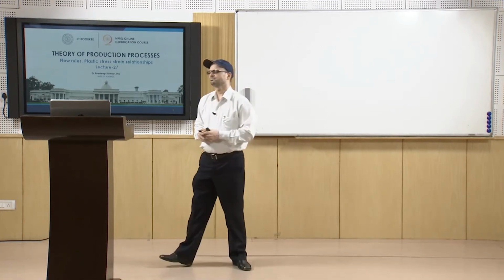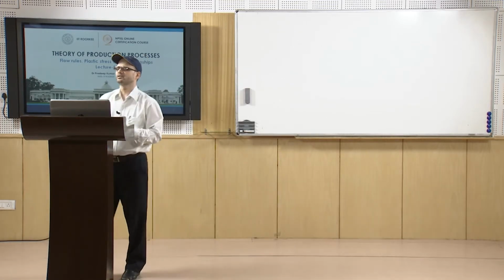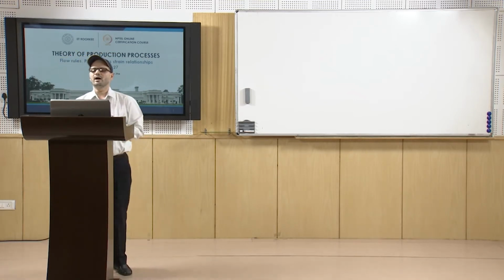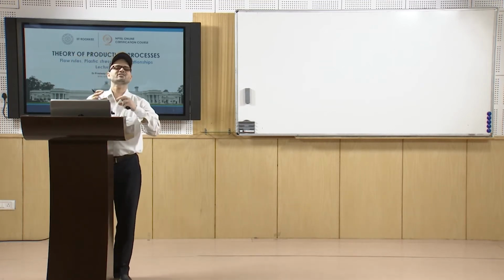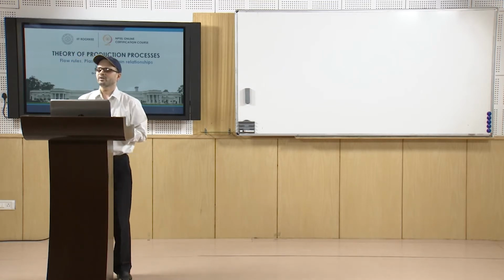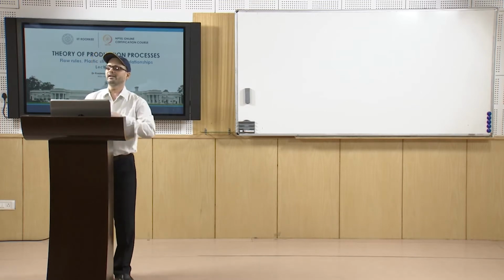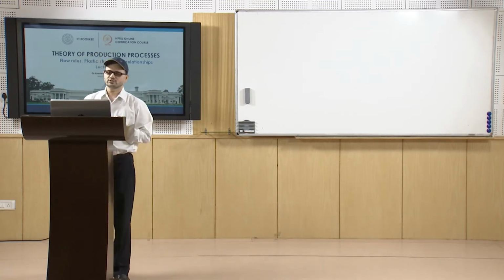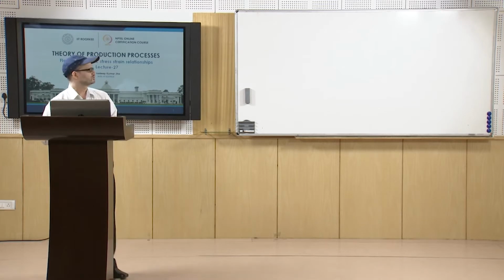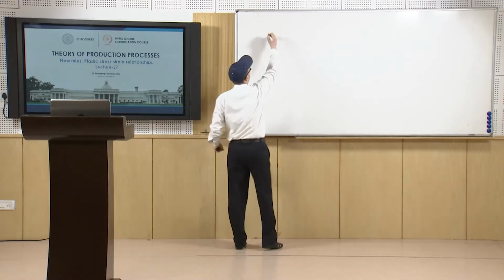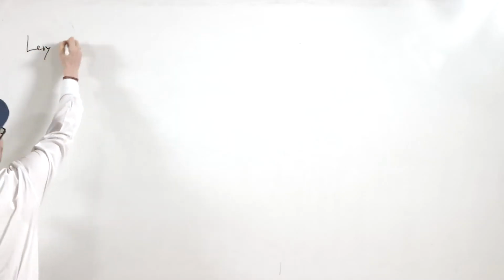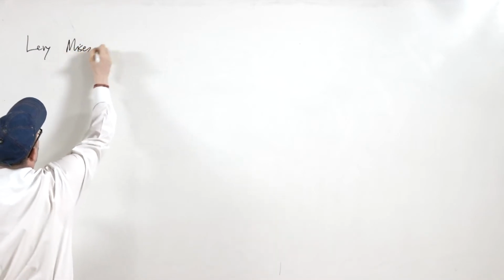As we discussed, the Levy Mises equation is for the ideal plastic solid, where the elastic strain is considered negligible, and these flow rules are known as the Levy Mises equations. We will discuss the Levy Mises equations first.